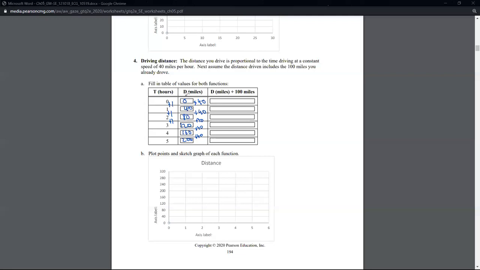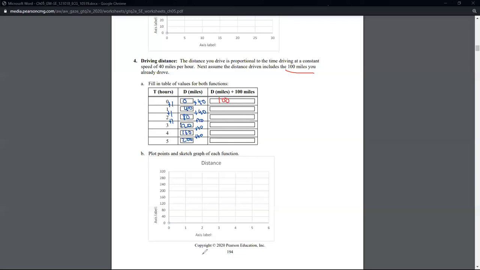All right. So it seems like 5 hours in, we've gone 200 miles. But again, this time is just from us hitting the reset button on our trip where we had already gone 100 miles. So this is in addition to the time on the trip and the distance on the trip. So while when we hit reset on the trip, it now says 0 miles, in reality, we've gone 100 miles.